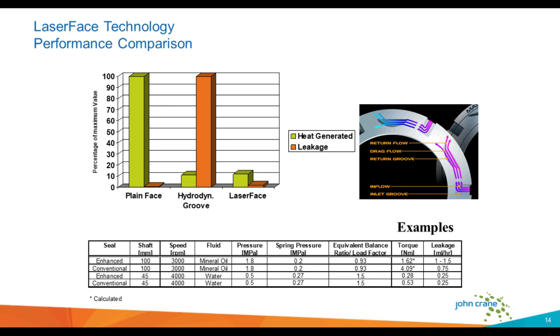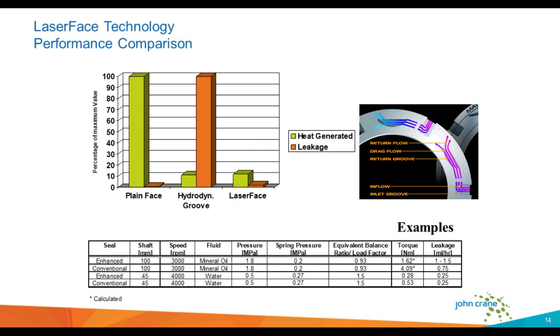In a plain face, due to the fact that you have a wide face, the frictional forces generate high heat. The seal is wide enough that it does give us low leakage. However, high heat generation can damage the mechanical seal, and eventually you will have a catastrophic failure.